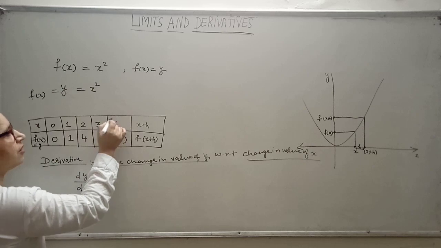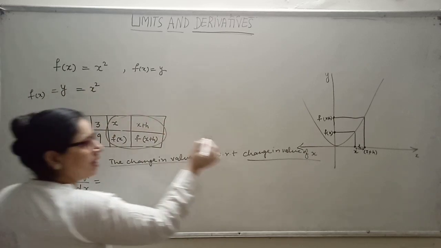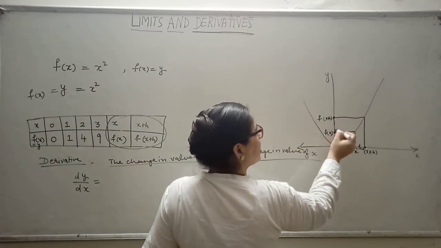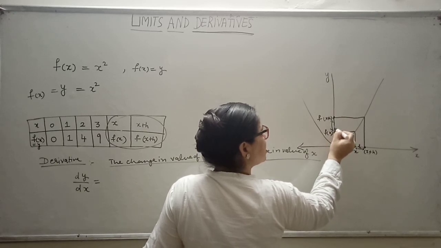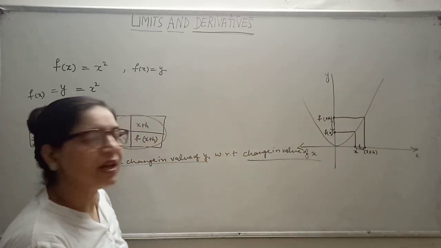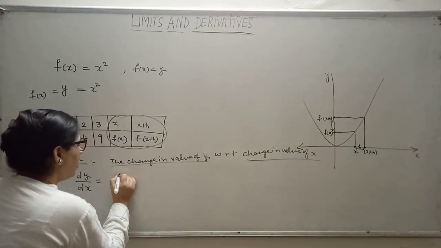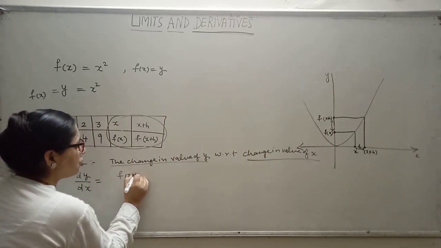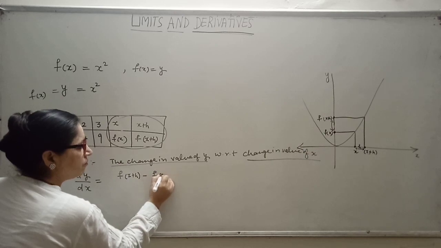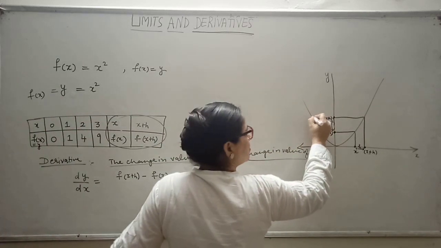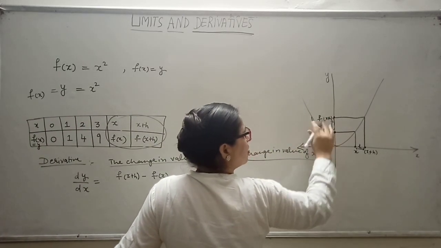If I look here, if I am taking these two, what is the change in y? This much is the change in y. How can I calculate this? This can be calculated as f(x plus h) minus f(x). This minus this.